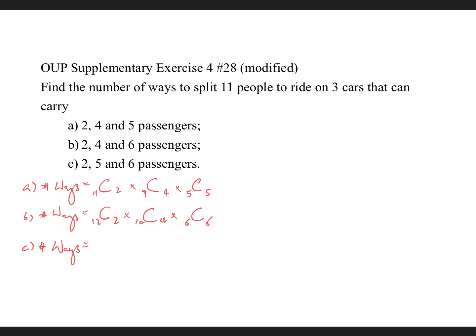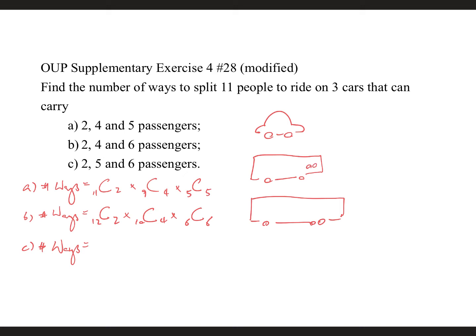So we have 3 cars. The first one is a small one. The second one, the bigger one. The last one, the biggest one. Now, we can think like this. Have the 2 empty seats in the middle car.